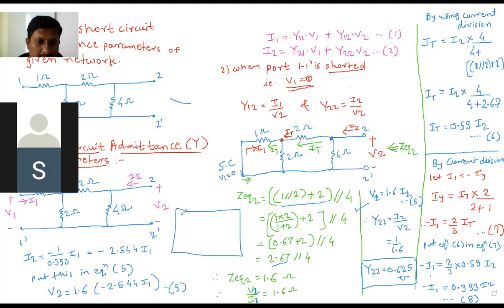And tell that Y12 is equal to I1 upon V2 is equal to, मायनस मध्ये आन्सर यायला पाहिजे. Minus 4.07.